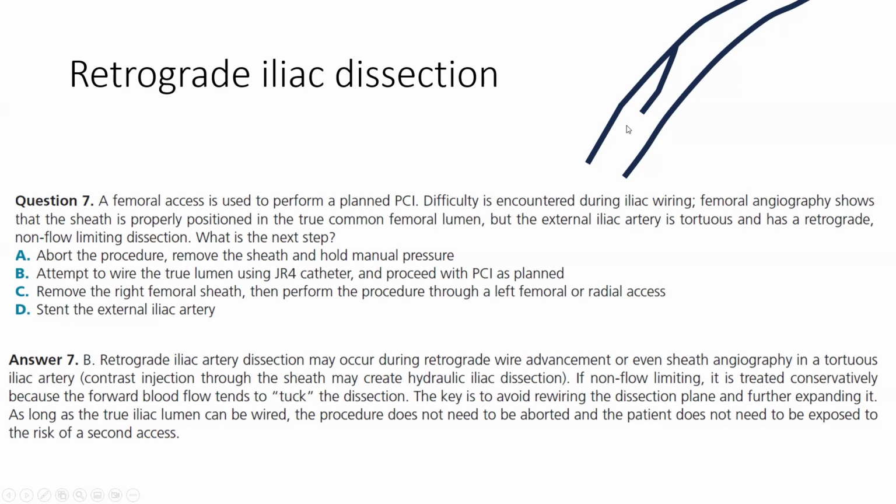The forward blood flow will tend to tuck the dissection and heal it with time. The key is to avoid rewiring the dissection plane and further aggravating and expanding it. As long as the true iliac lumen can be wired, the procedure does not need to be aborted and the patient does not need to be exposed to the risk of a second access.